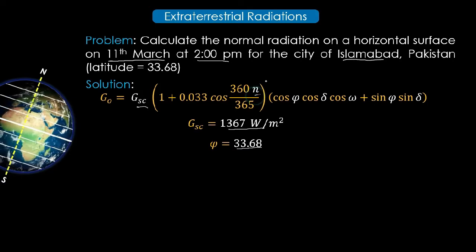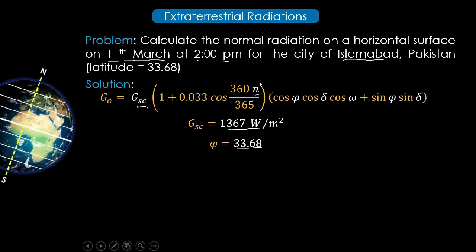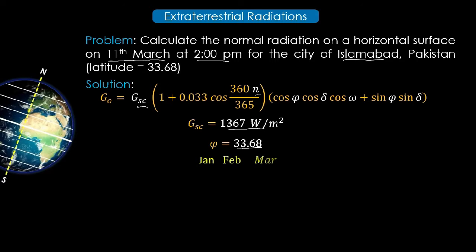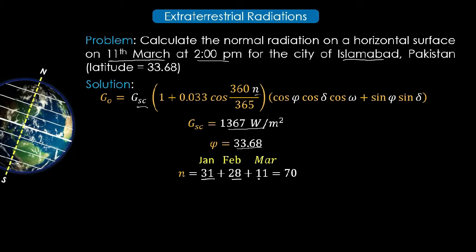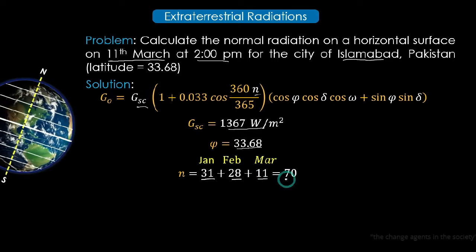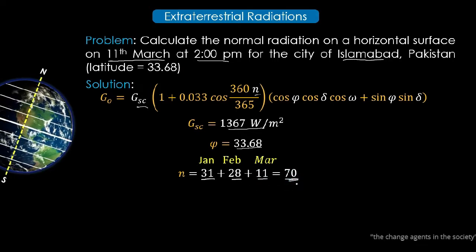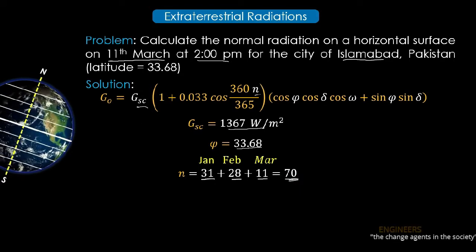Now to calculate the day of the year of 11th March, we start from January: we have 31 days in January plus 28 days in February plus 11, so in total we have 70. So n for 11th March is going to be 70.